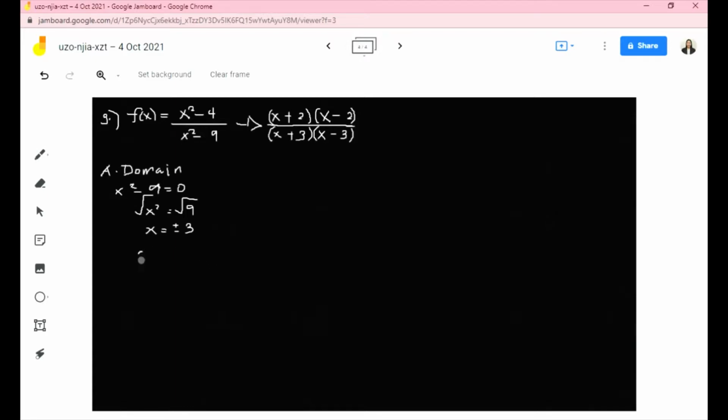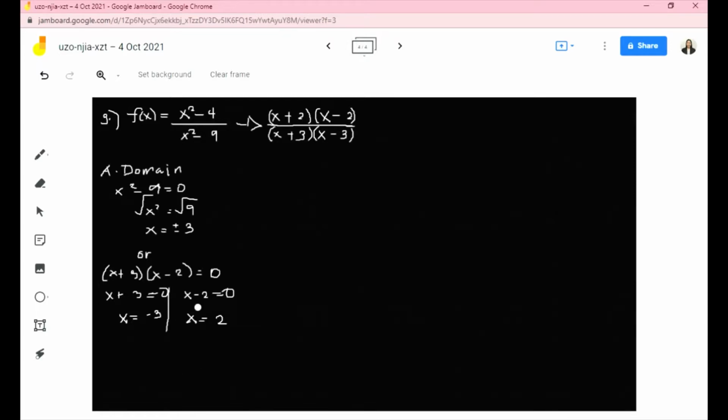Or you can also find the restricted values of x in the factored form. The factored form of the denominator is x plus 3 times x minus 3, equate that to 0. Separating these two factors, we have x plus 3 equals 0 and x minus 3 equals 0. So this gives us x is equal to negative 3 and x is equal to positive 3.